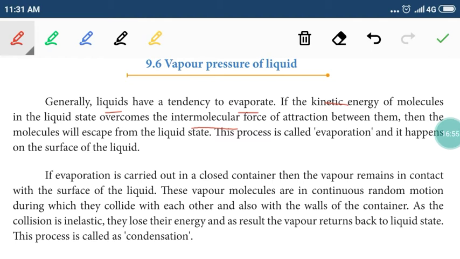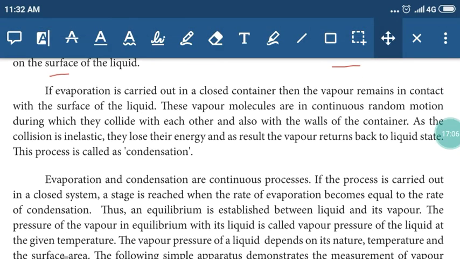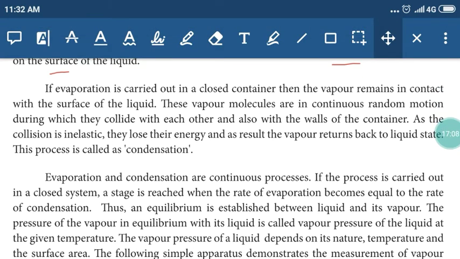The process is called the evaporation process, and this takes place on the surface of the liquid. The formed vapors can be converted into liquid again by the condensation process. That means we have to reduce the temperature. By cooling, we convert this into liquid again.